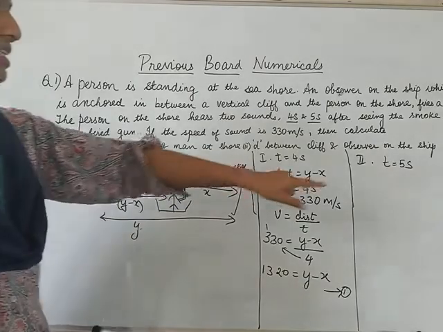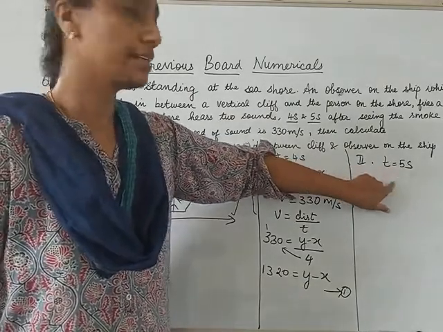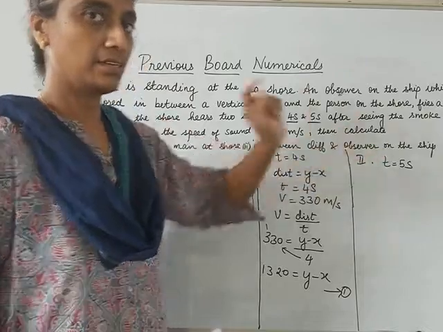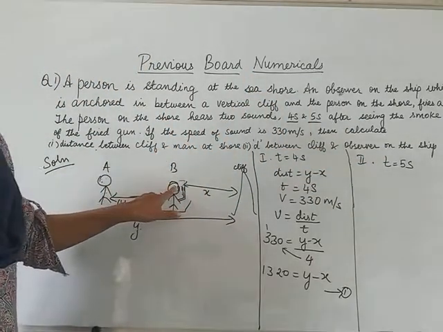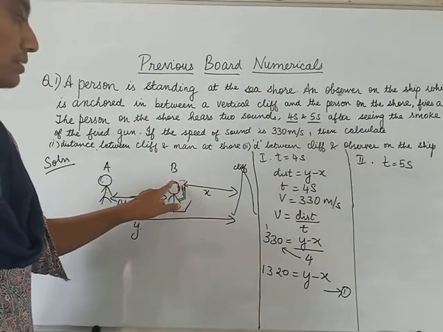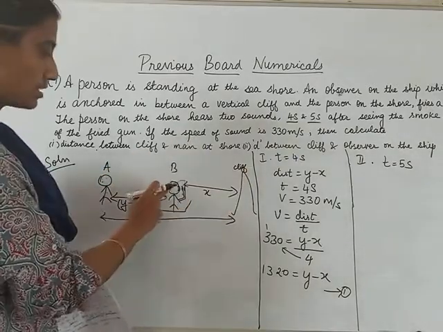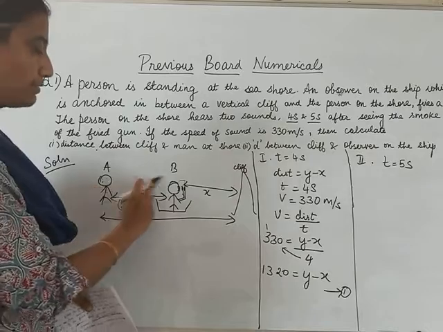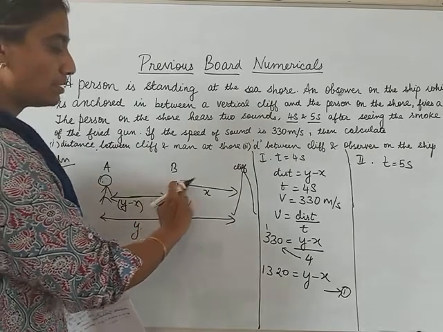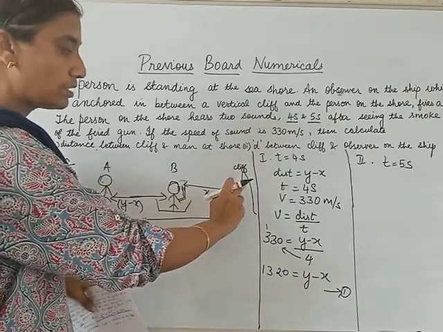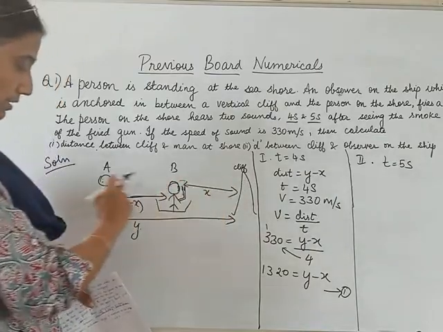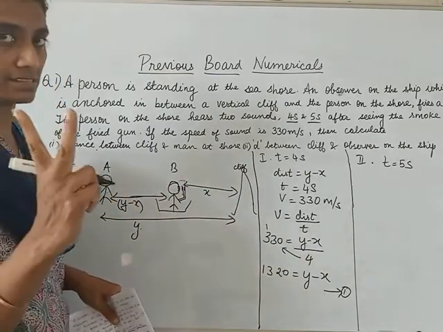Now come to the second case: the sound that he is hearing after 5 seconds. Listen carefully. When he fired the gun, the sound travels in all directions. He heard the direct sound after 4 seconds. Now, the sound that went in this direction would have got reflected from the cliff and come back to the man. That is the second sound.